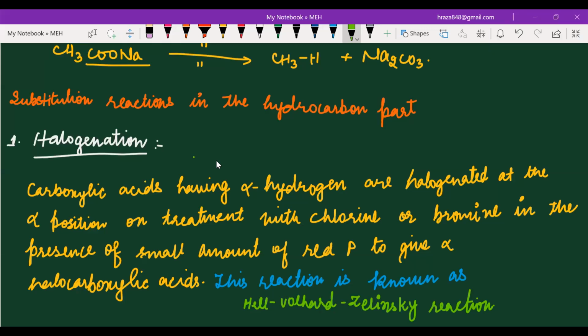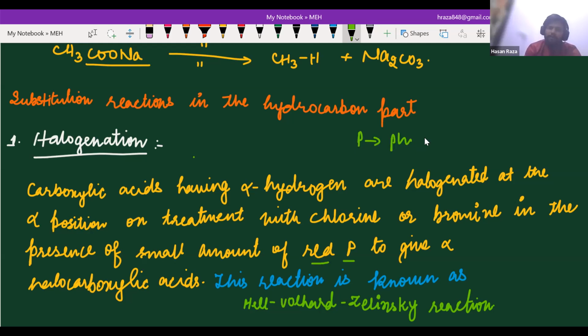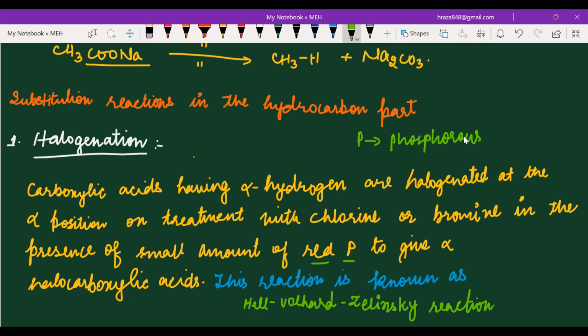Sir, after small amount, what is there? A small amount of red P for phosphorus. Okay. So are you going to give today's mock test? Sir, maybe because I think I will go. Maybe you think? Will you give today's mock test?